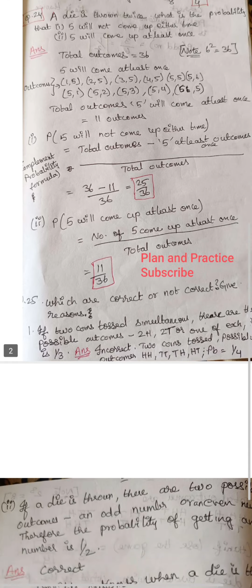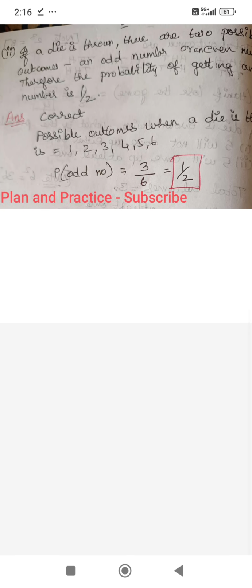We'll go to the second part. If a die is thrown, there are two possible outcomes, an odd number or an even number. Therefore, the probability of getting an odd number is 1 by 2. Is it correct or incorrect? They are asking. It is correct.